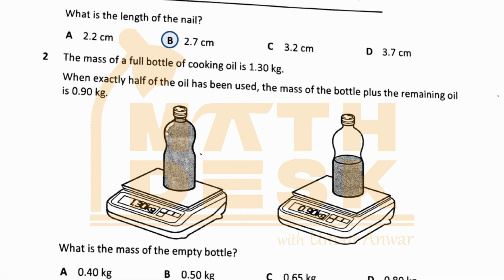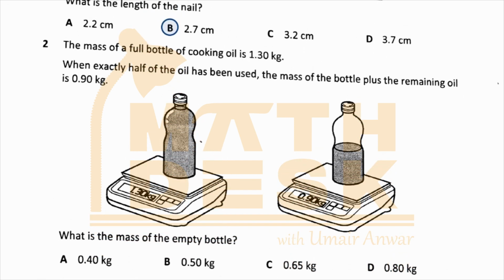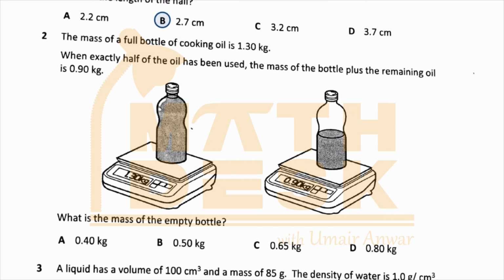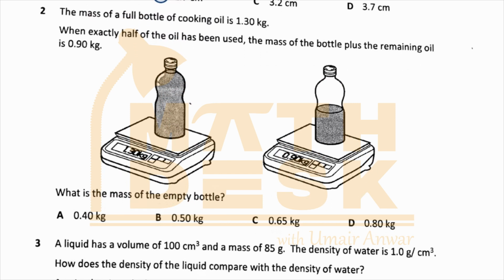Okay, question number 2 says the mass of a full bottle of cooking oil is 1.30 kilograms. When exactly half of the oil has been used, the mass of the bottle plus the remaining oil is 0.90 kilograms. What is the mass of the empty bottle?